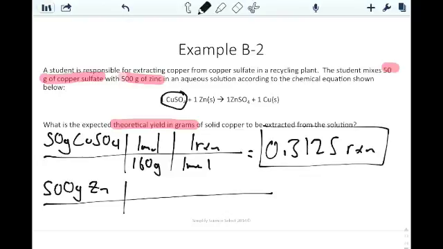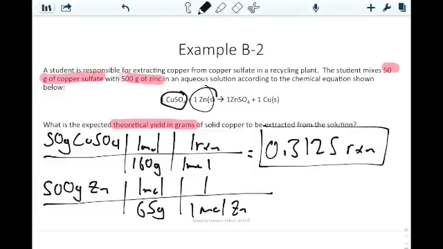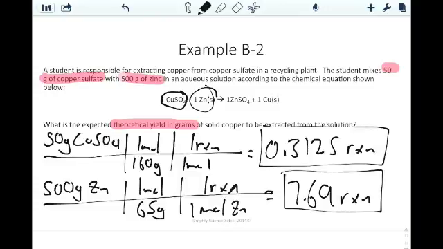And then we have our zinc, which the molar mass of zinc is right around 65 grams, give or take, and it's 1 mole in 1 reaction. We work that out and we get something right around 7.69 in a reaction, and so therefore that is much greater. So this zinc is our excess reactant, so we see that copper sulfate is our limiting.